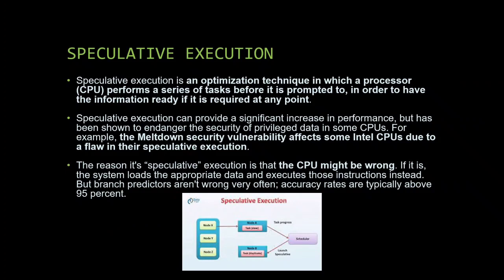For example, the Meltdown security vulnerability affects some Intel CPUs due to a flaw in their speculative execution. The reason it's speculative execution is that the CPU might be wrong. If it is, the system loads the appropriate data and executes those instructions instead. But branch predictors aren't wrong very often. Accuracy rates are typically above 95%.